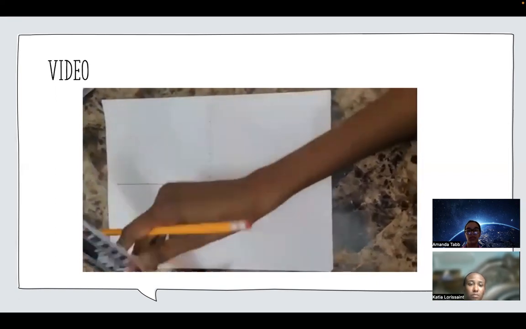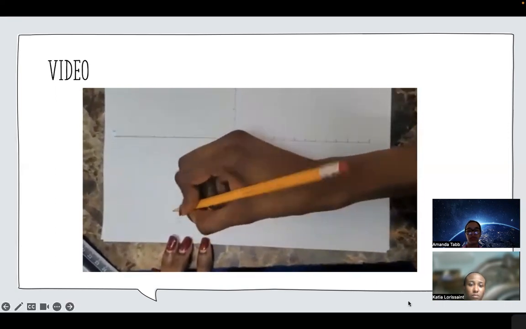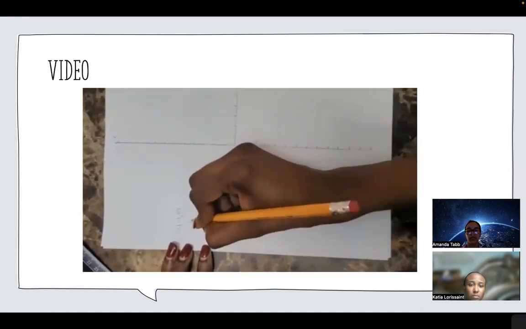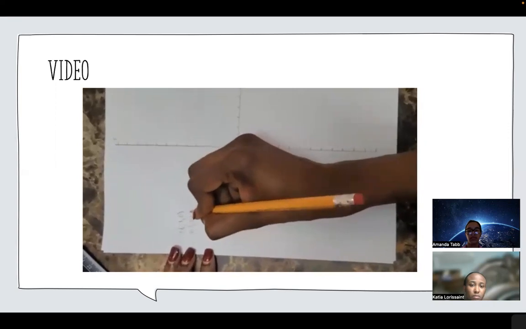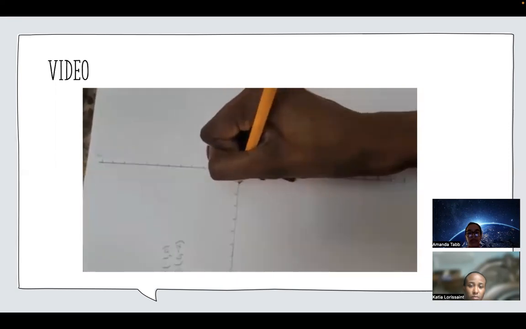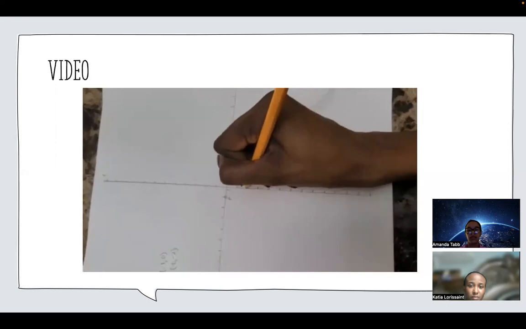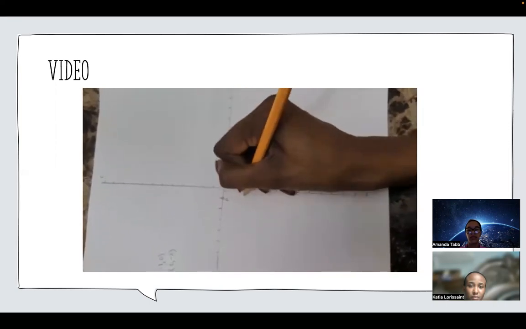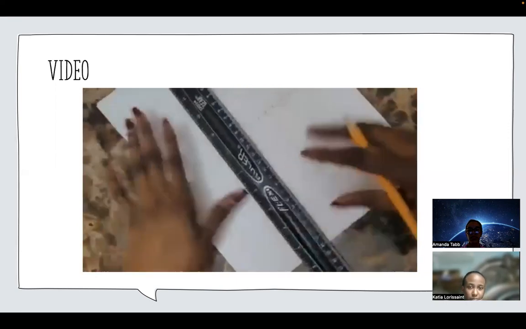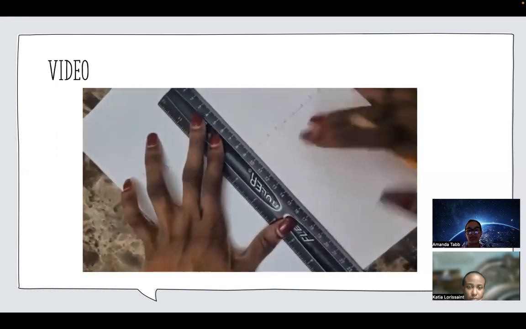So to start, we are going to use point A, which we'll call -1, 0, and point B, we are going to call it 0, -2. So let's plot point A at -1, 0, call this A, and point B right here. Next, we are going to reflect it over the y-axis.